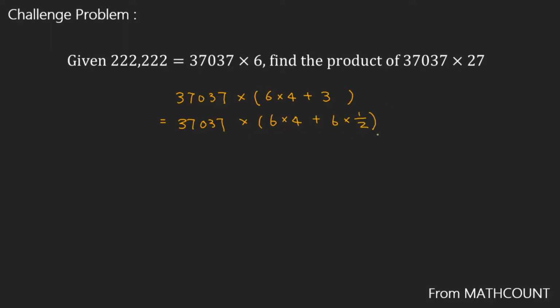So let's take a look at inside the parentheses. 6 is common to both terms. So that means we can factor it out. So to factor it out, we copy down 37,037 times 6 times, and what's left inside the parentheses is a 4 plus a 1/2.